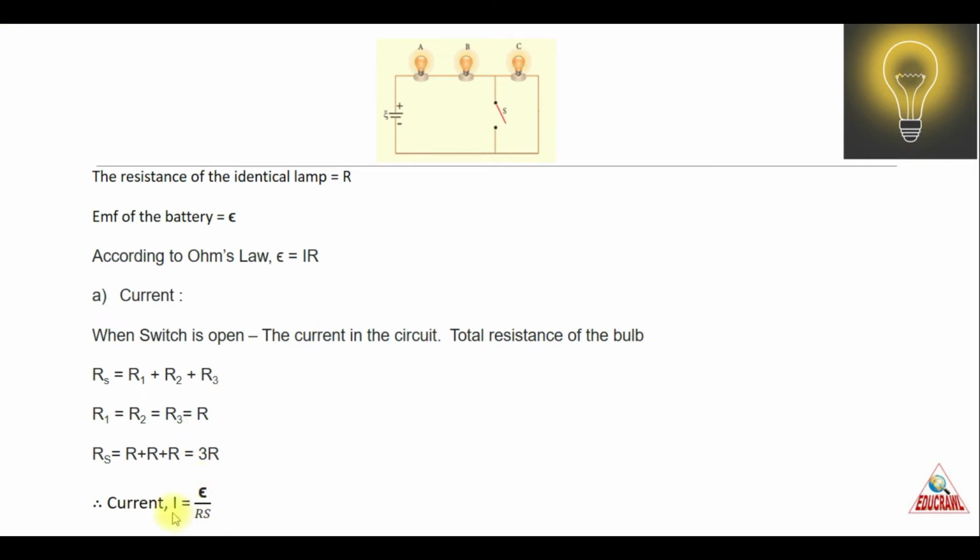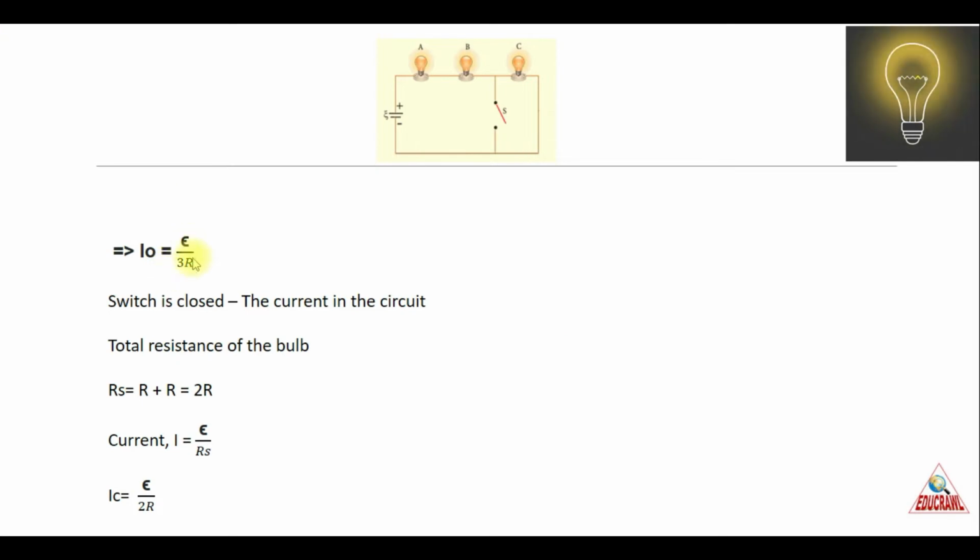So current will be I is equal to V by R, that is epsilon, which is the EMF, divided by Rs. Rs value is 3R. So substituting, we get I is equal to epsilon by 3R. This is the current when the switch is open. So I₀ is equal to epsilon by 3R.